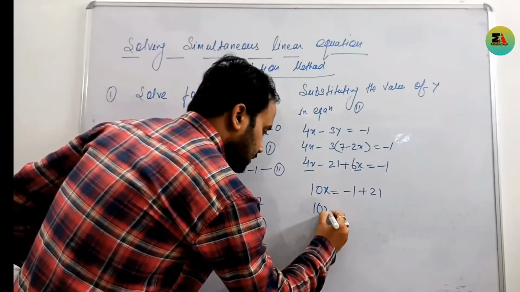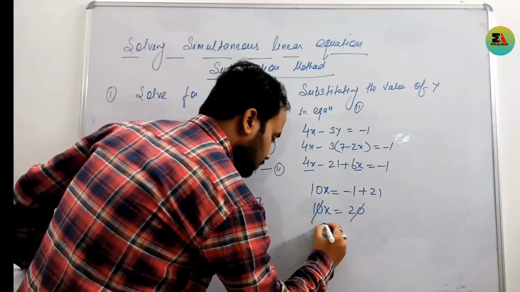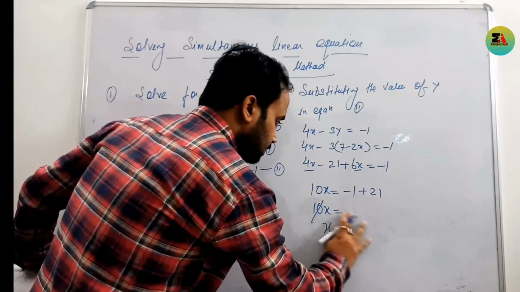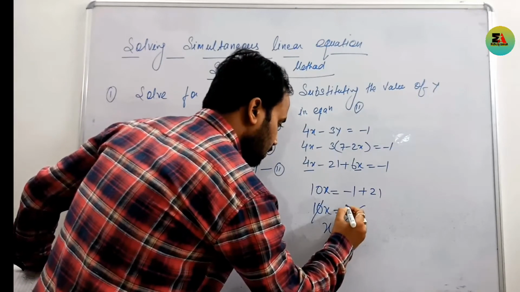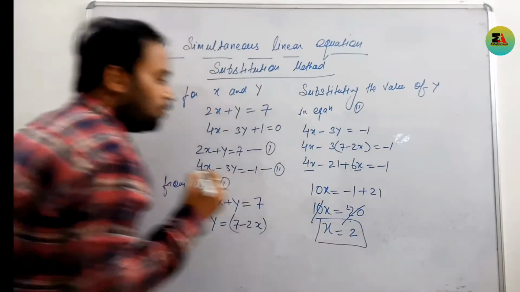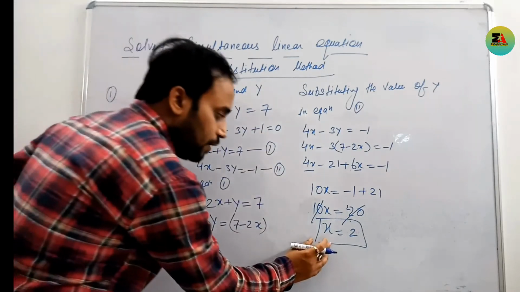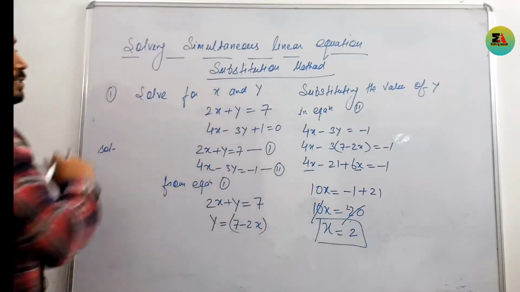Now 10x equals 20, therefore the value of x will be what? 2.